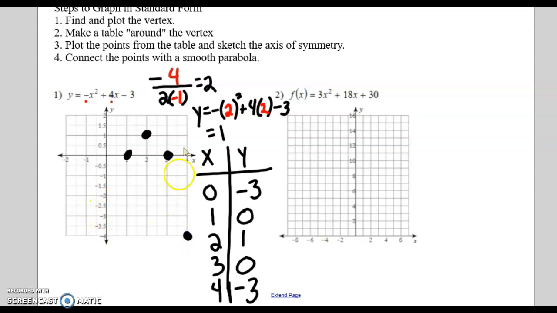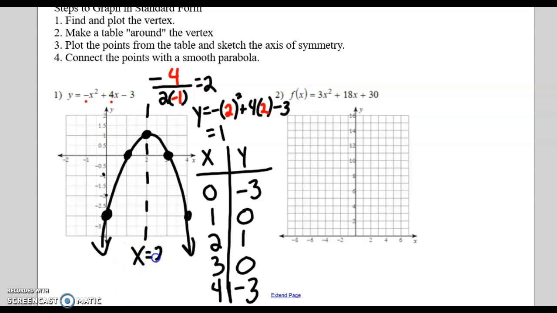One more try. That's 1, 2, that has to be 3, and then at 0, negative 3. And just a quick check, I'm going to sketch in my axis of symmetry just to see that, yeah, that looks symmetric. That axis of symmetry is at 2. I'm pretty confident in that graph.